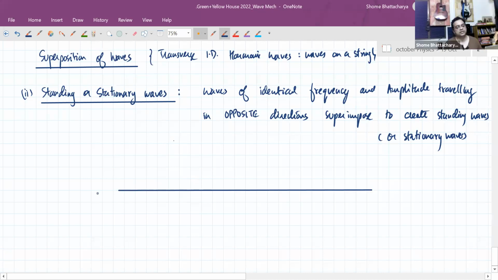Now on this, from one side there is one source creating waves like this. And on the other side, the waves are traveling in the opposite direction, but both are of the same frequency and amplitude. Okay, so y1 would be, let's say, of the type A sine omega t minus kx.